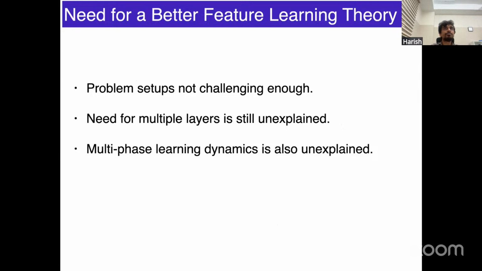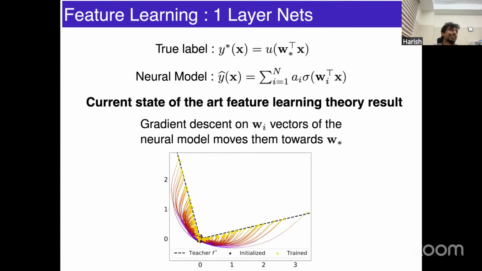Okay, fine. But is that sufficient? Here I make a case that we need a better feature learning theory. Firstly, the problem setups are not challenging enough. Take this problem setup, where your y star of x is u of w star dot x. It is just not challenging enough that deep networks are the only way to go.